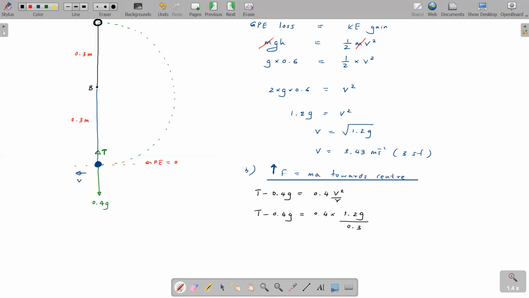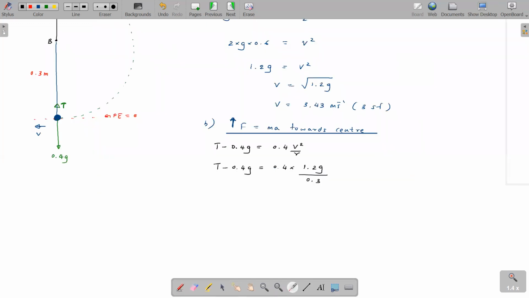Okay, so let's get the T value. So we come to this point: T equals 0.4 into 1.2 G over 0.3 plus 0.4 G. Can you see, guys? Yeah, so that's it, right? So this is the value.